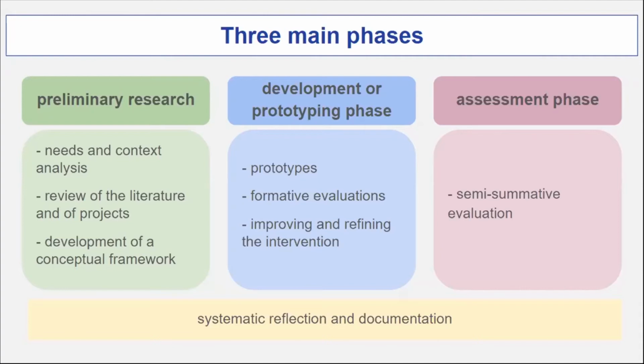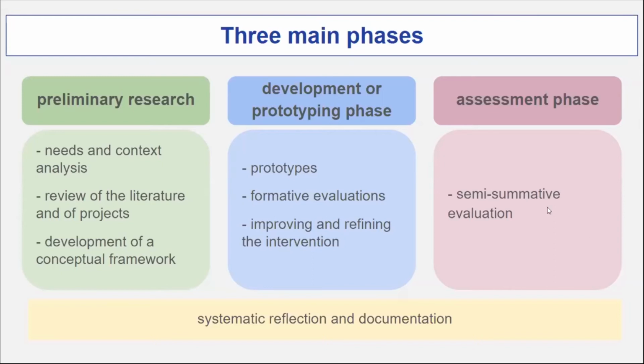Okay, so we have the preliminary research, the development or prototyping phase, and the assessment phase. The preliminary research consists of needs and context analysis and review of the literature and of projects addressing questions that are similar to the ones in your study. And also the development of a theoretical framework.